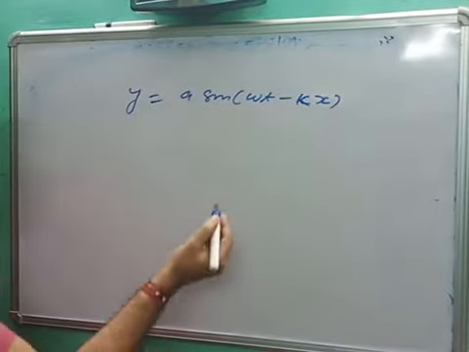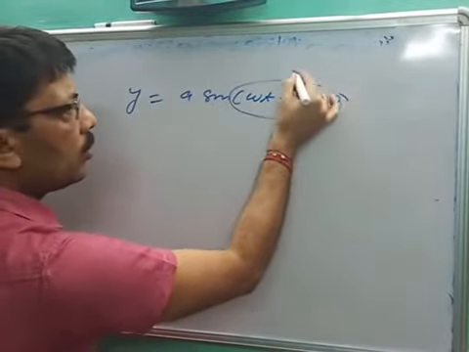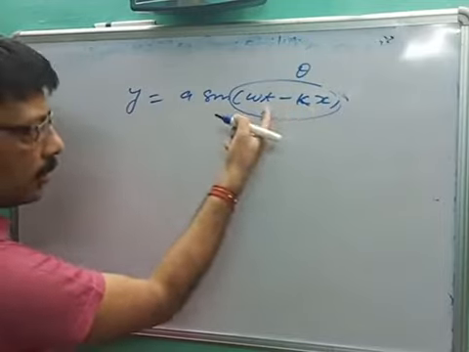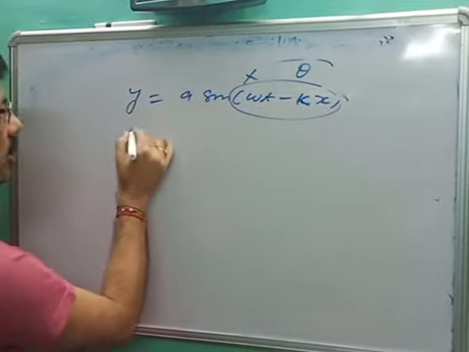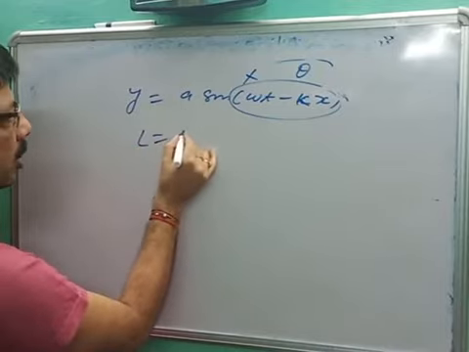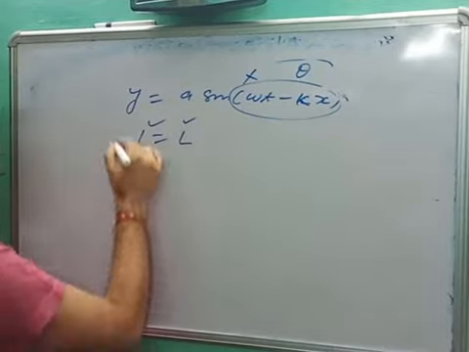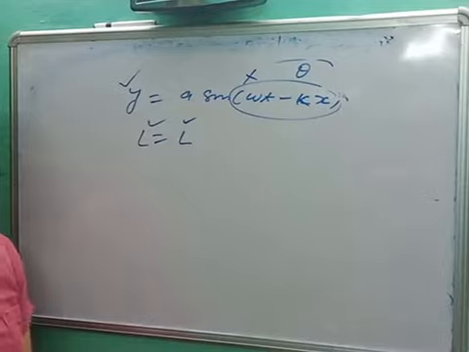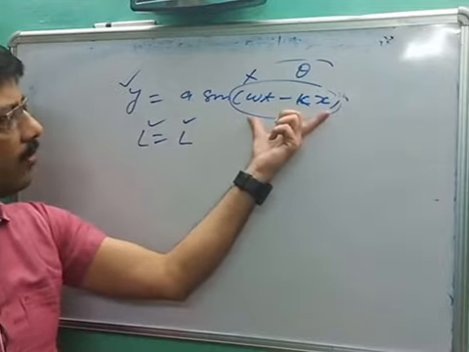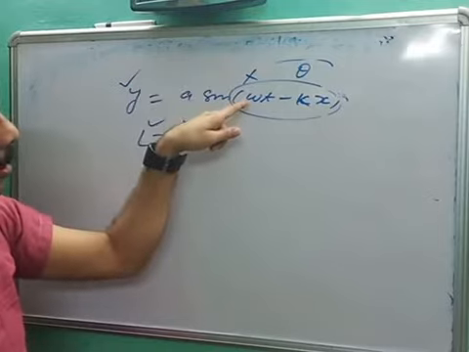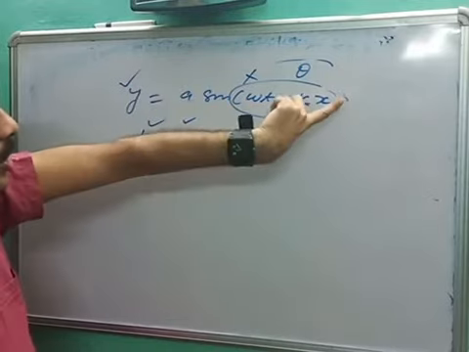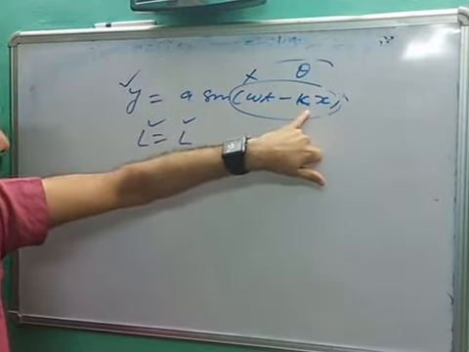Since it is sin theta, you better know sin theta is in the form of sin theta, so it is a dimensionless quantity. y is the displacement L, here amplitude is displacement L, so L is equal to L, hence the given formula was correct.